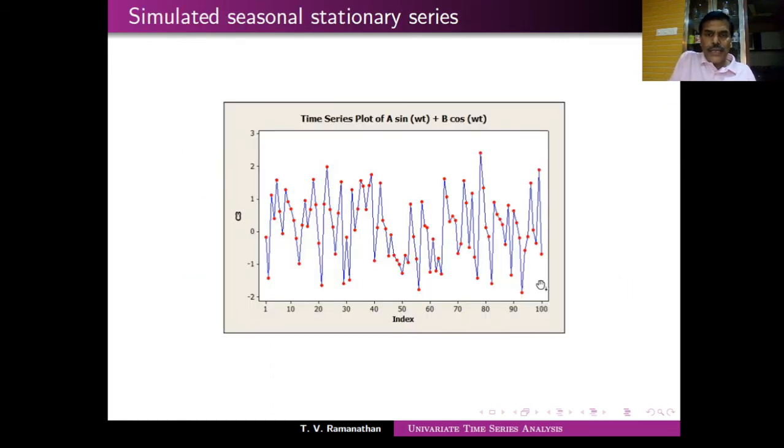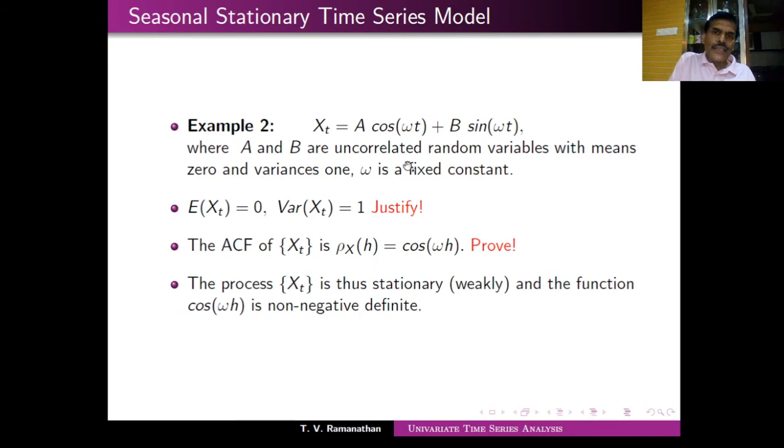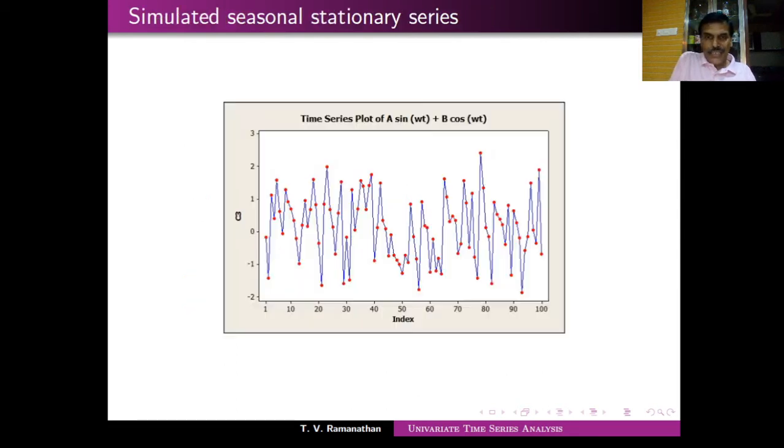Because I already mentioned that this is seasonal, how does that seasonality still turn out to be weakly stationary? I told you that we are not considering the distribution at every time point, but we are considering the expectation as well as the variance. So there is some kind of computation or aggregation being done. You can see that this is the process a cos omega t plus b sin omega t.